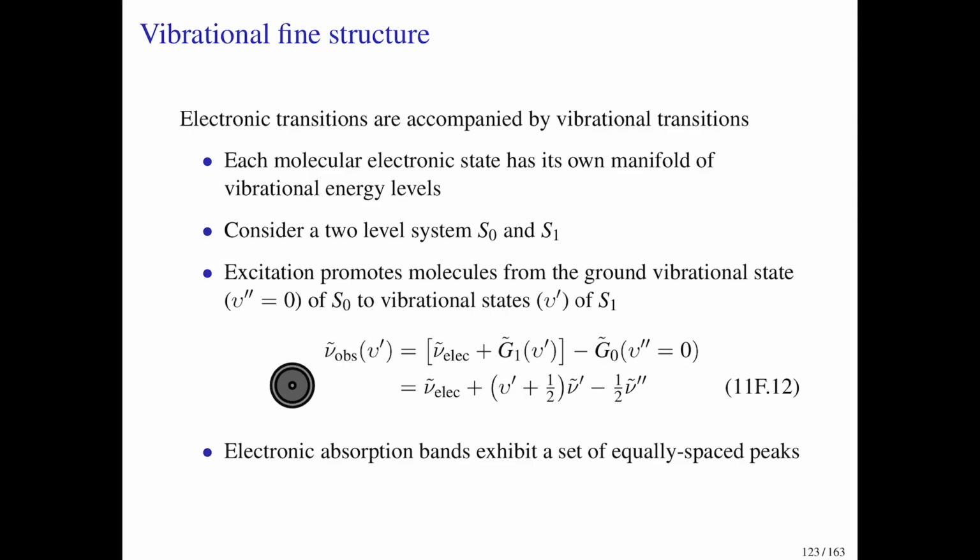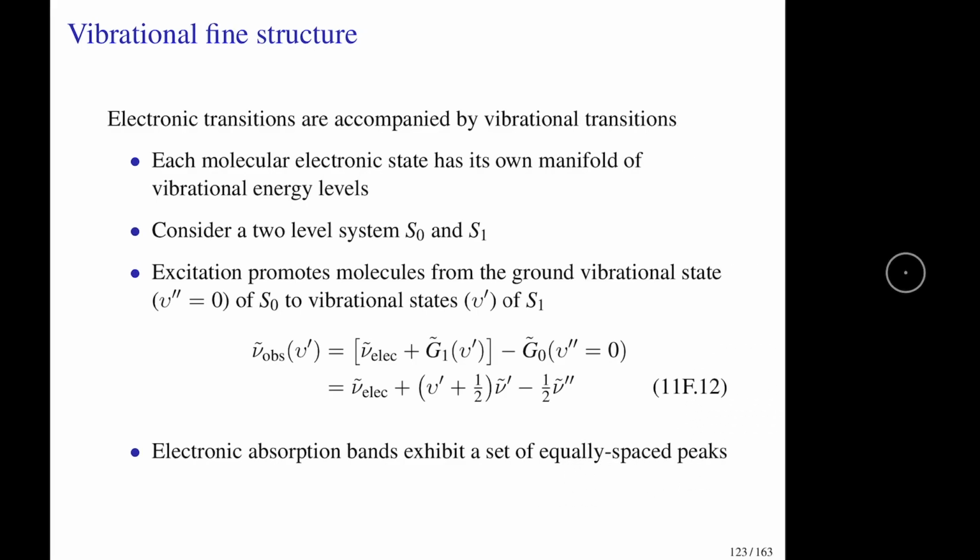So in your observed frequencies, you're going to see a progression corresponding to different vibrational states on the excited electronic state. And as long as there's not too much anharmonicity in the system, you're going to see a set of equally spaced peaks in the electronic absorption band.